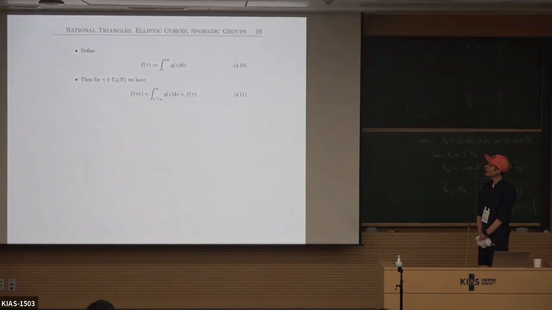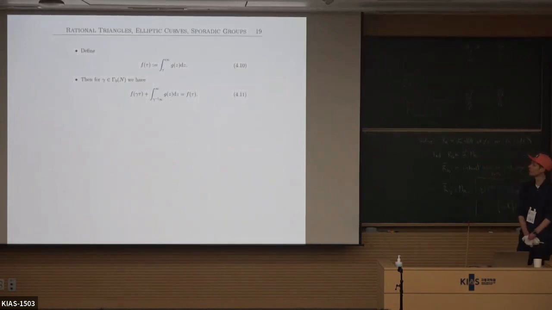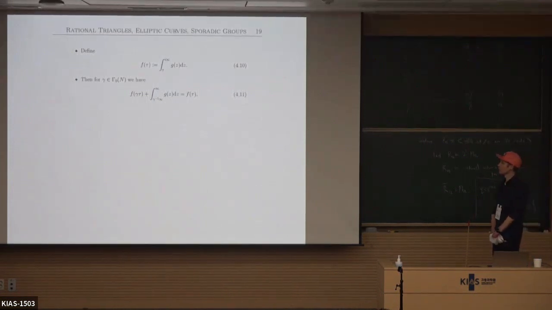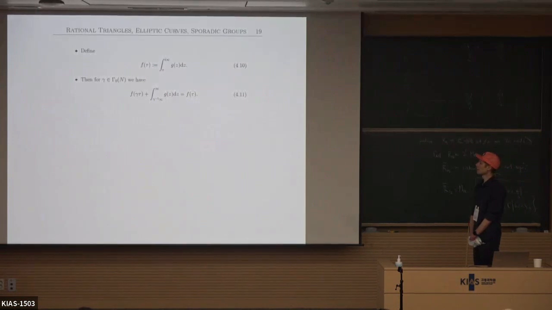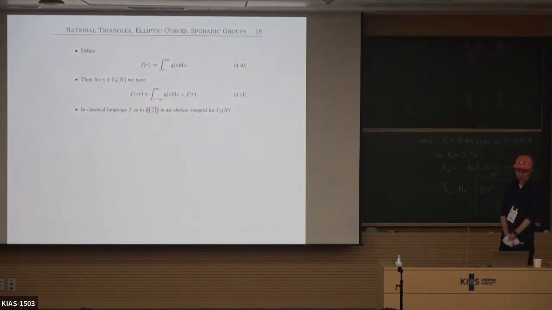On the other hand, it fails in a nice way. When you act with gamma naught n, you get your function back plus some constant depending only on the isometry you're acting with, and not on tau, not on where you are on the upper half plane. Classically such things are called abelian integrals.